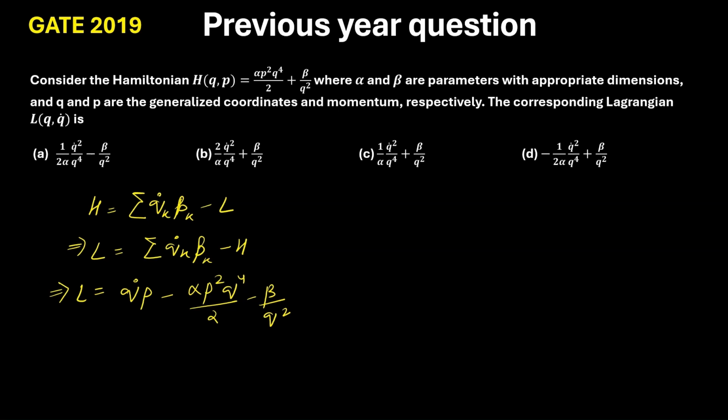So now what we can do is use some trick here. What will be q dot? q dot will be this. If I differentiate this with respect to p, then I think I will get alpha p q to the power 4.